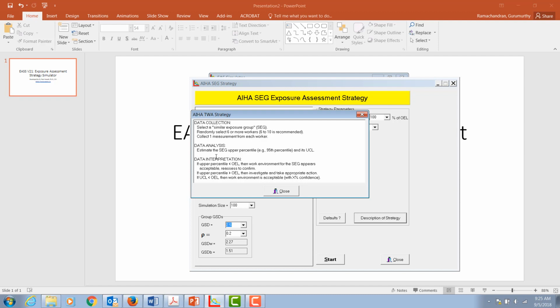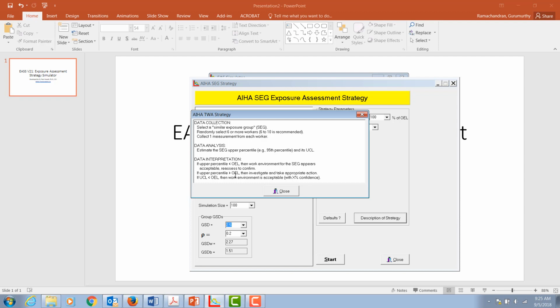We then estimate an upper percentile, such as the 95th percentile, of the similar exposure group and its upper confidence limit. If the upper percentile, the 95th percentile, is less than the OEL, then the work environment appears acceptable.